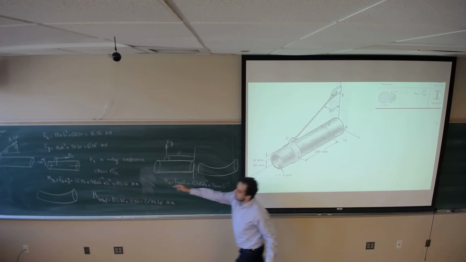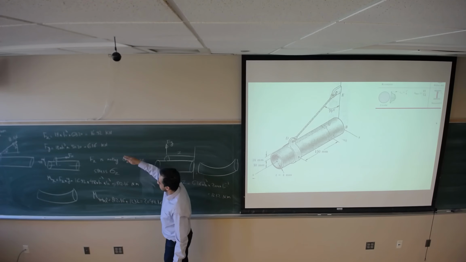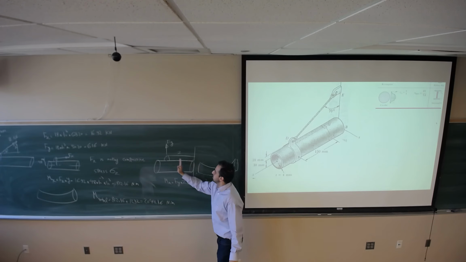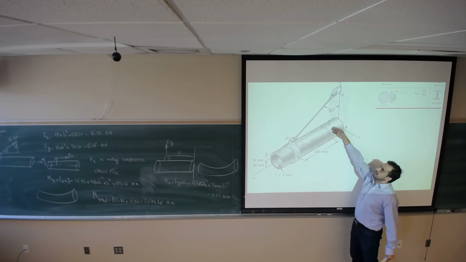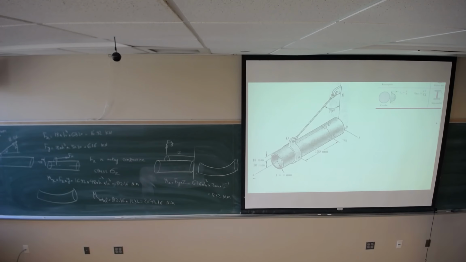For this one, it doesn't matter which section we are in. We are going to get the same moment, same stress for each section. But for this one, depending on where you are, the moment is going to be different. So it tells me that the section at point B is going to be the critical section, because all the others are equal along it.